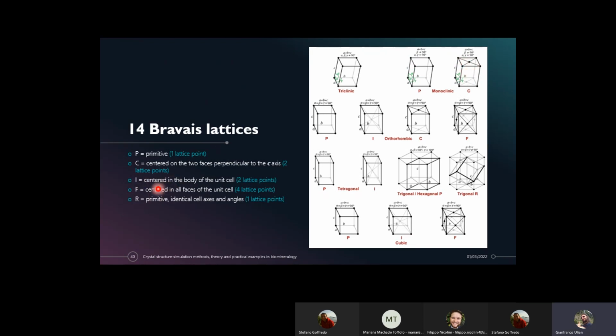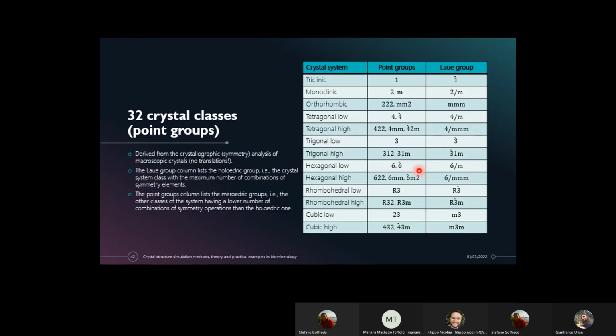I means that the cell has a node in the center of the cell, so it is called a body-centered lattice. Sorry. F means that all the faces have a node at their center, and R is primitive. You have identical cell axes and angles. You have one lattice point, and it is specific to the trigonal case. Okay.